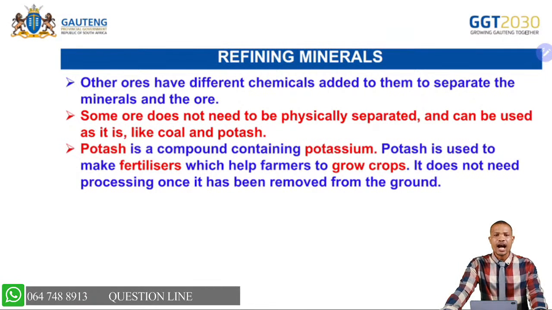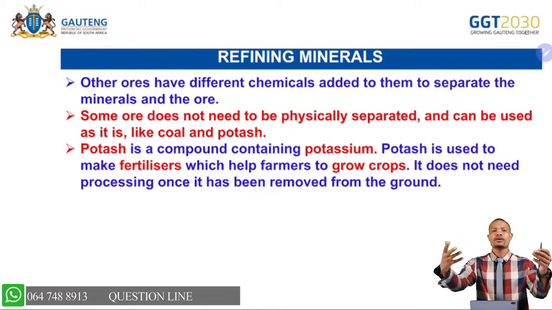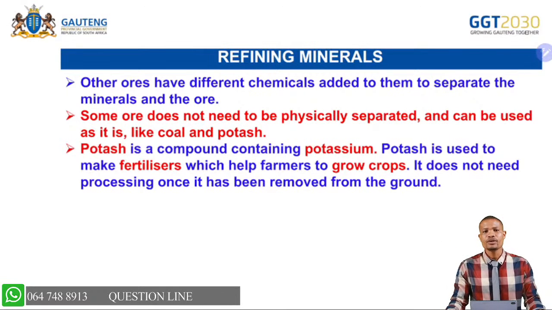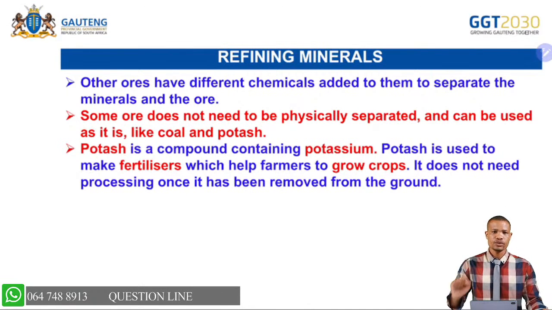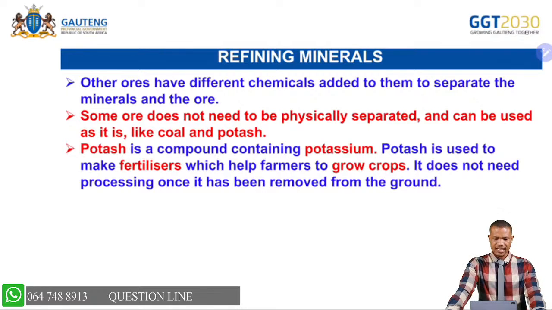Then we have potash. Potash is a compound containing potassium. Potash is used to make fertilizers, which helps farmers to grow crops. Okay, you know we use potassium to make fertilizers. Okay, and these fertilizers are used to grow crops so that we can have food. Okay, it does not need processing once it has been removed from the ground.